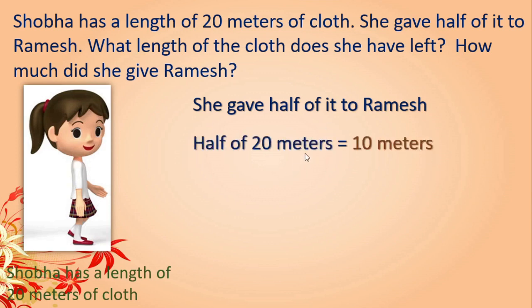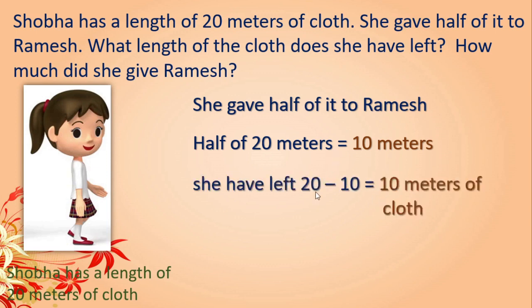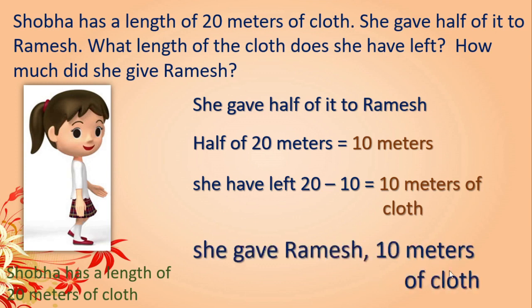So she gave 10 meters to Ramesh. What length of the cloth does she have left now? 20 minus 10, that is 10 meters of cloth left with Shobha. She gave Ramesh 10 meters of cloth. Okay, try to answer the questions asked.